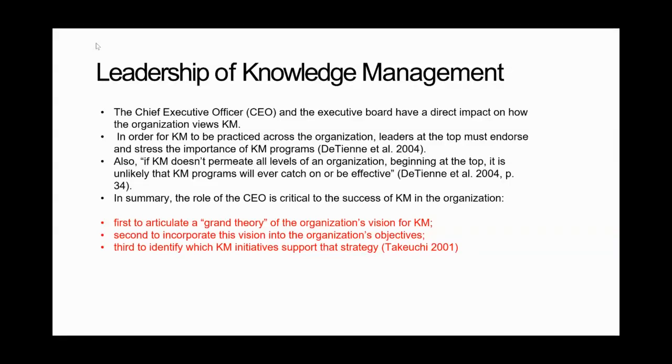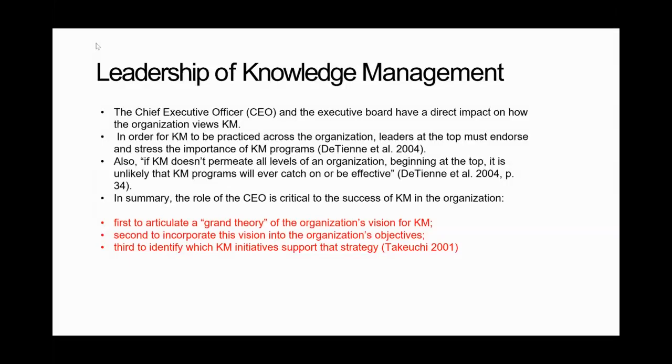So here they even say also, if knowledge management does not permeate all levels of the organization, beginning at the top, it is unlikely that knowledge management programs will ever catch on or be effective. In summary, the role of the CEO is critical to the success of knowledge management in the organization. First, to articulate a grand theory of the organization's vision for knowledge management.